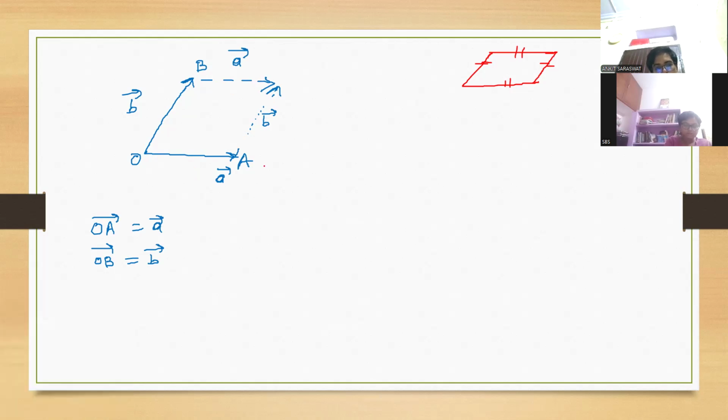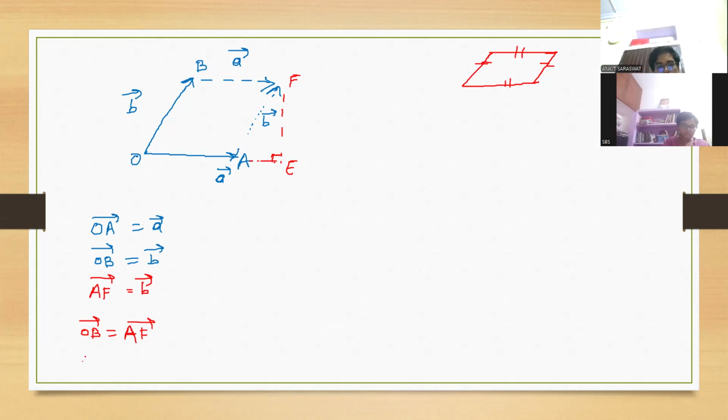Now, look here. I will draw one perpendicular like this. This is 90 degrees. You can take this E and this F. This AF, even if I ask you what is AF vector, it is also B vector. Because these are parallel, OB vector and AF are both equal vectors.